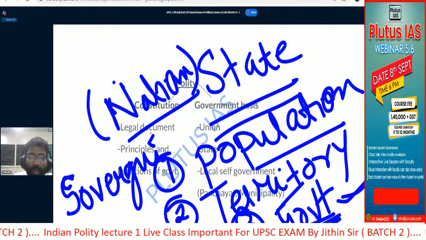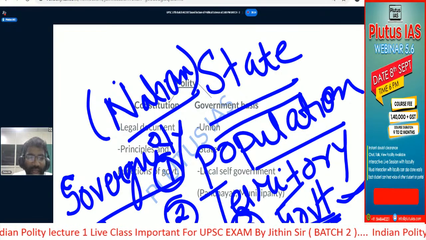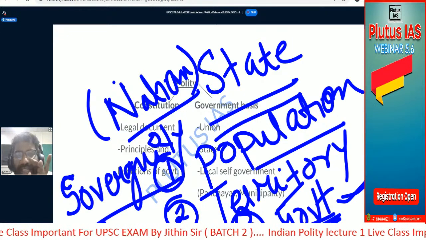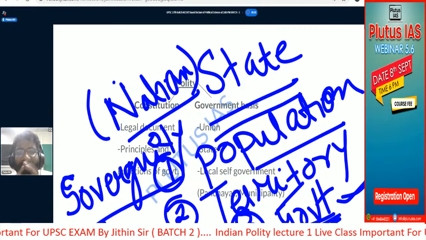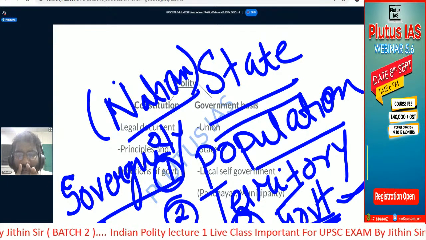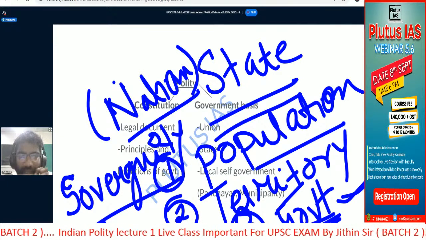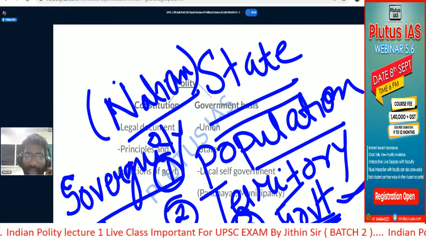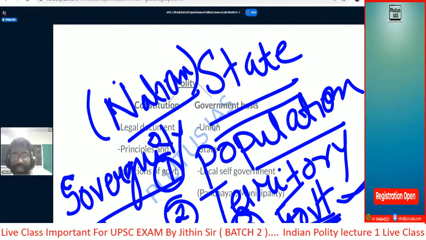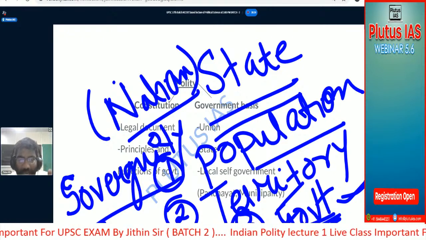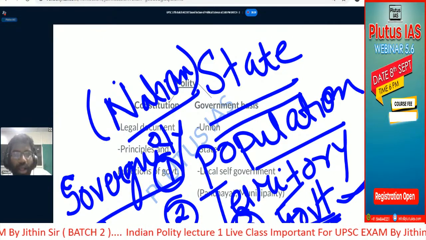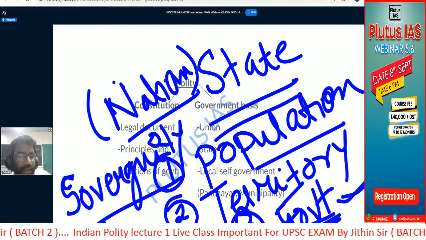Now I have told you four points, not explained them: population, territory, government, and sovereignty. These are the four elements of the state. I haven't explained any topic further. Till now, are you clear with the four elements of the state?